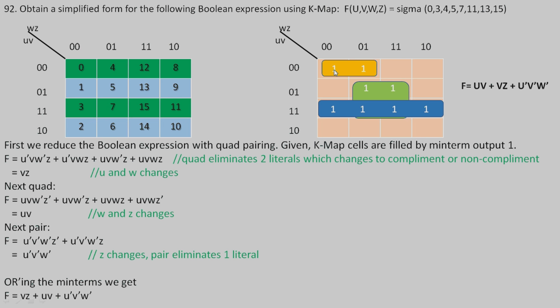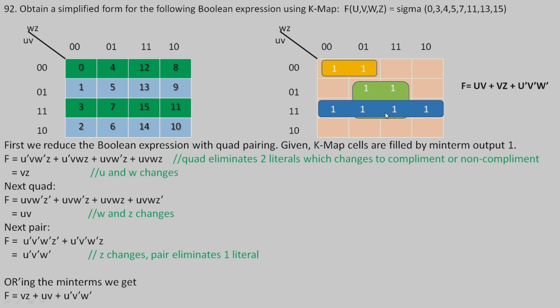In this case, this minterm and this minterm are adjacent, so we can form a pair. Likewise, this one, this one, this one, and this one, there are four minterms, so we can join them together to form a quad. Similarly we can join these four minterms to form a quad.